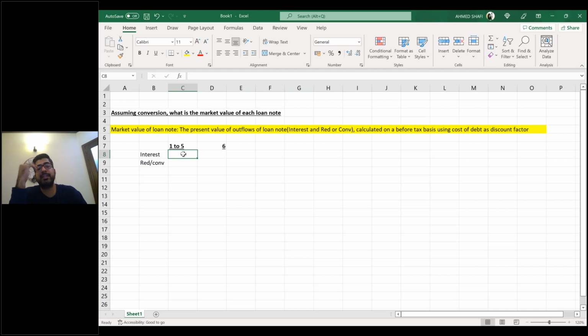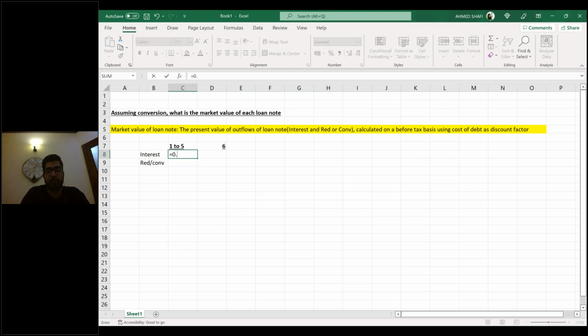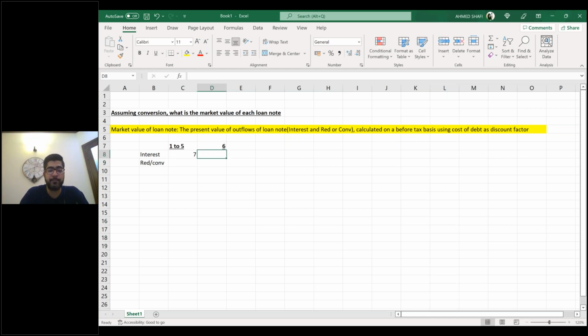Since it's a 7% loan note, interest will be 7% of what? Always par. The par value of loan note is 100. Interest is paid each year, so 7% of 100 is 7.